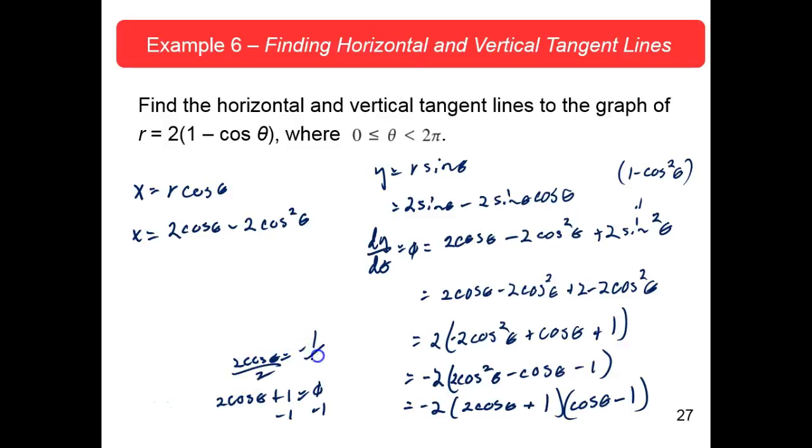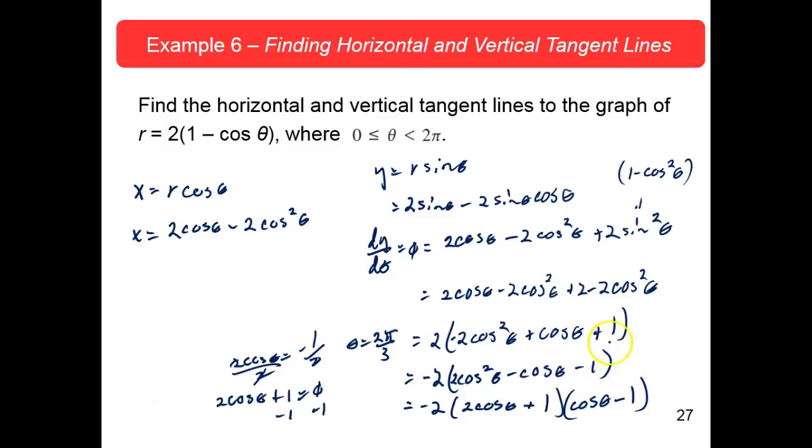Divide by 2, and you have cosine theta is equal to negative 1/2. Where is cosine theta equal to negative 1/2 between 0 and 2 pi? 2/3 pi, exactly. So that's true at theta equal to 2/3 pi.